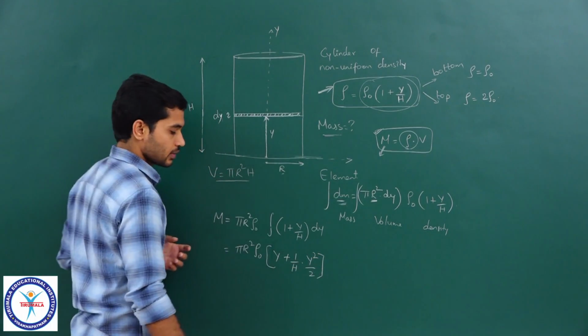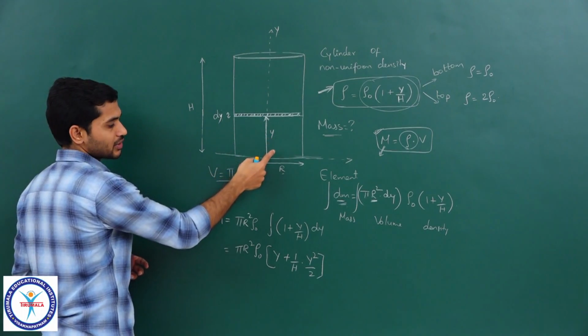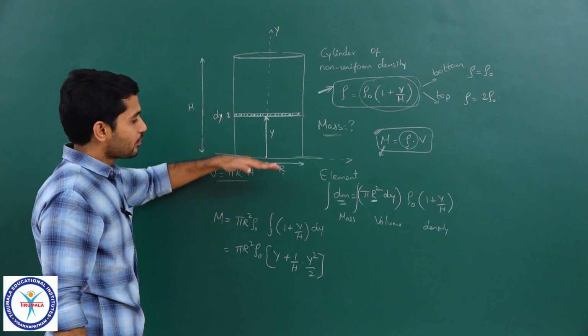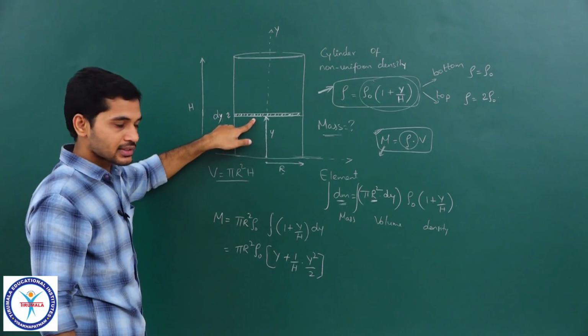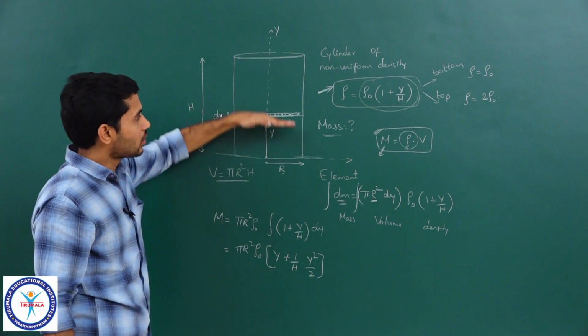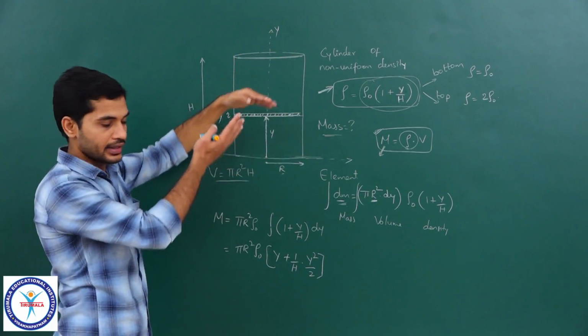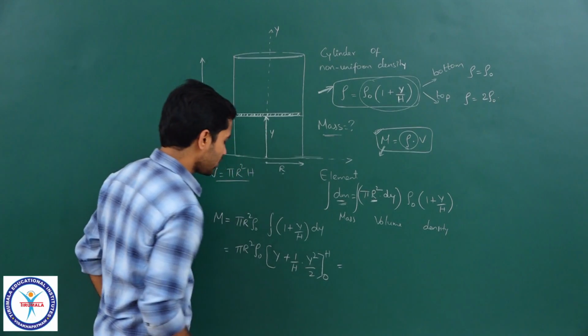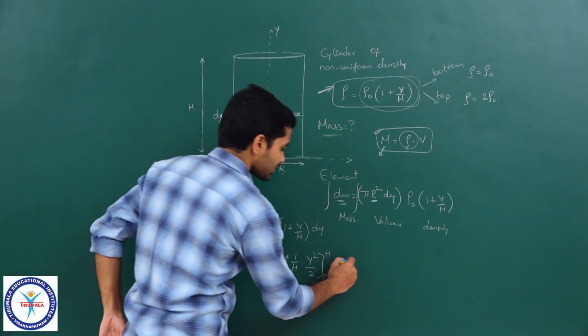Correct, students? So now substitute the limits. What are the limits for y? 0 to h. When I substitute that, many such thin cylinders starting from this level to this level will be added. So 0 to h. So that should be equal to, what do I get by simplifying this?